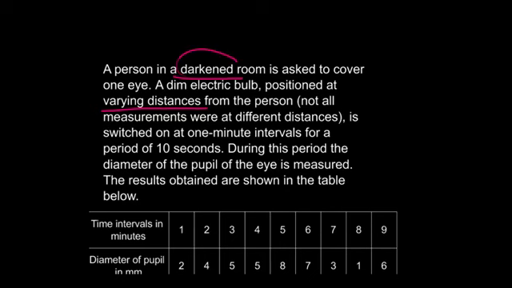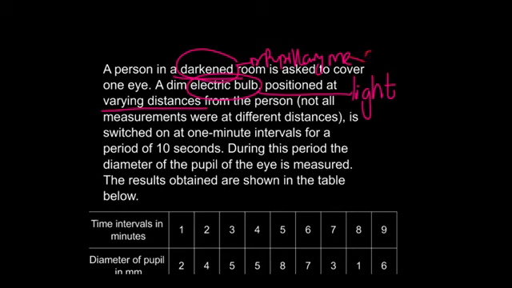As soon as you see a darkened room, you need to look at the pupillary mechanism. Because it's darkened, and they have an electric bulb, you go into a dark room, so your pupils are going to dilate.